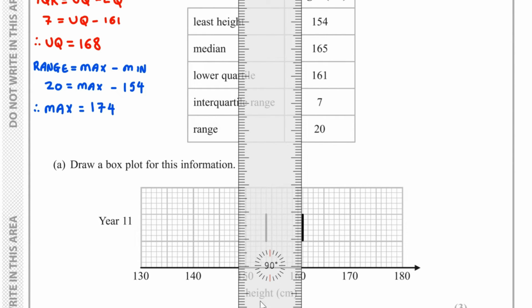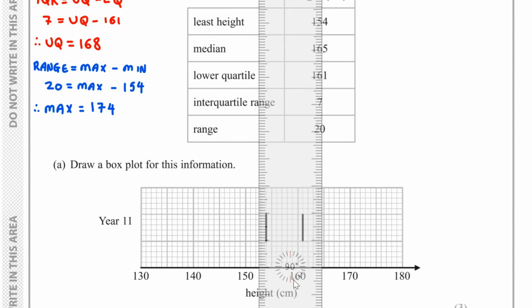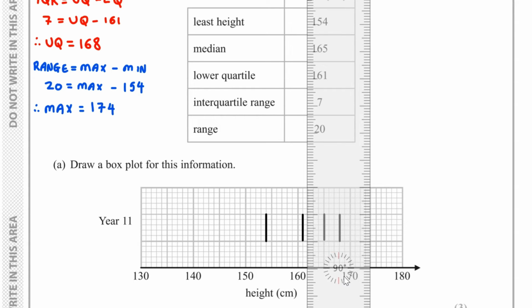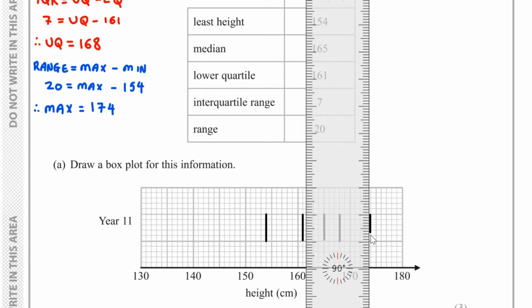Then we've got the median, 165. That is over here. And then we've got the upper quartile, 168. That's over here. And then we've got the maximum, 174. So that goes over here.